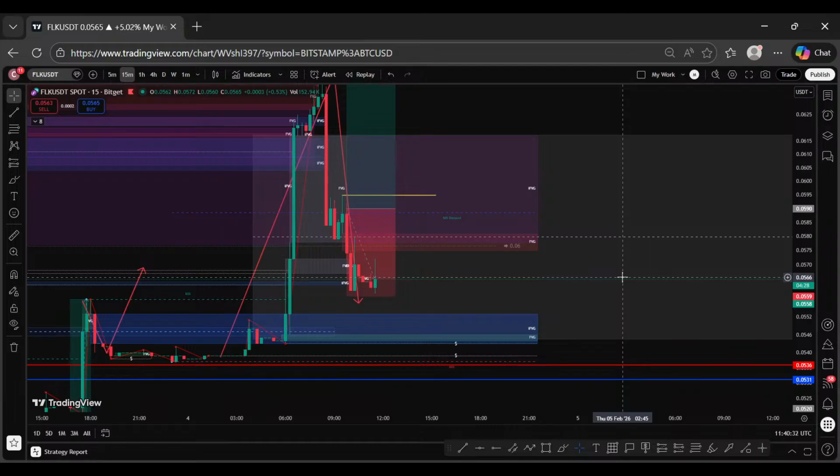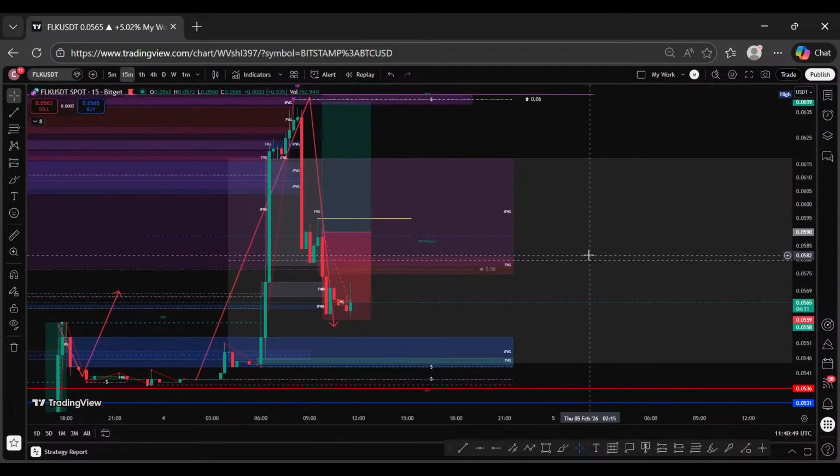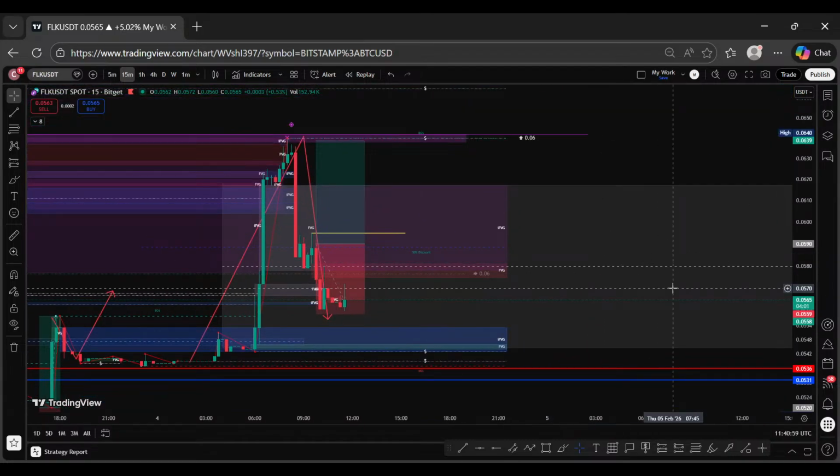BOS is the break of structure, and MSS is market structure shift. And I mark FVG, the fair value gap zones. I trade only at key support and resistance, and I always use a stop loss, because this works very well on KuCoin futures and spot trading if you follow proper risk management.